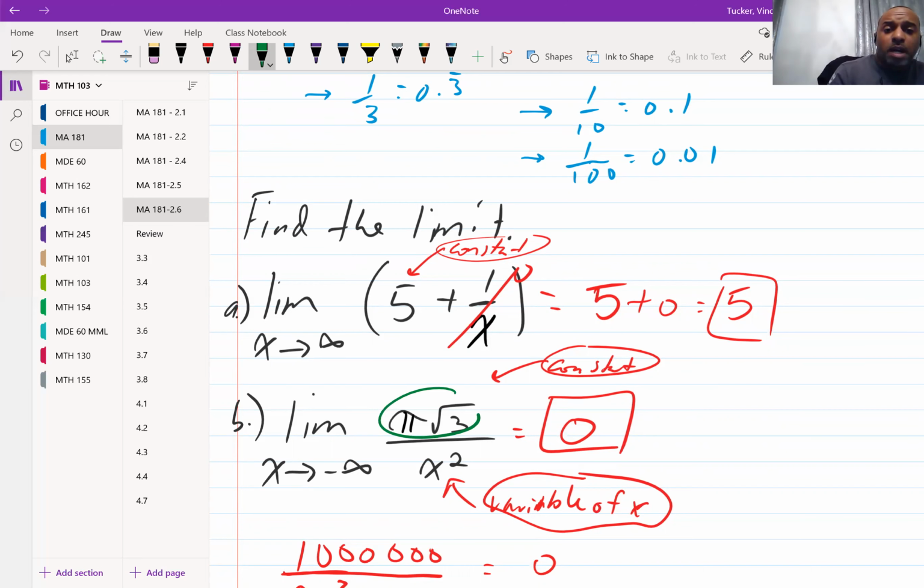So what's up top here, that whole thing up top is a constant. You know, pi times square root of 3 is a number. Right. And in your denominator is x squared. So that's really infinity squared. So that whole thing is going to 0 as x goes to negative infinity. So that's why the answer is 0.